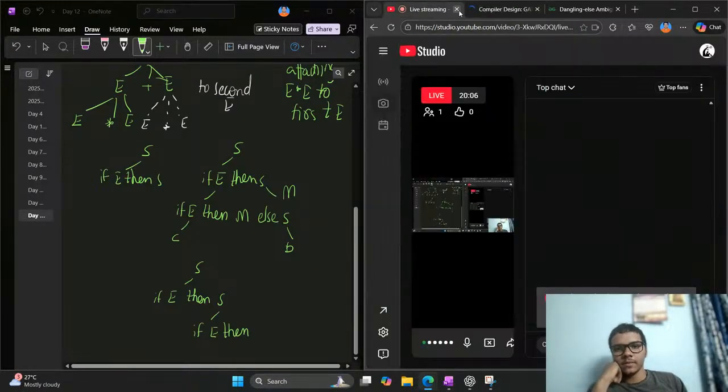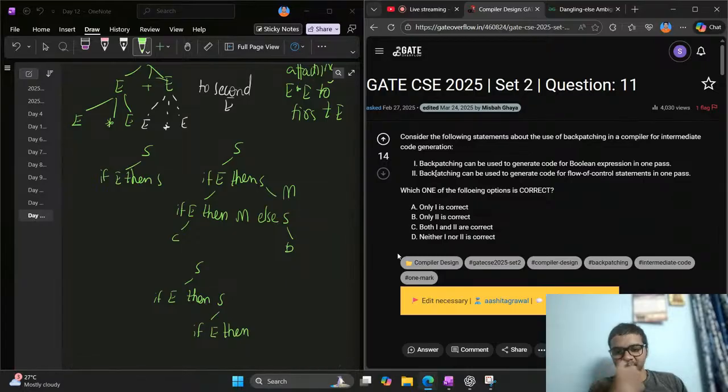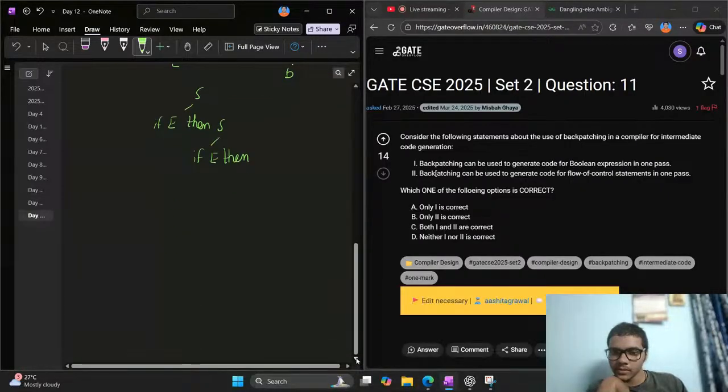We need some theory before solving this question. Backpatching in a compiler for intermediate code generation: backpatching can be used to generate code for Boolean expressions in one pass, and for flow of control statements in one pass.